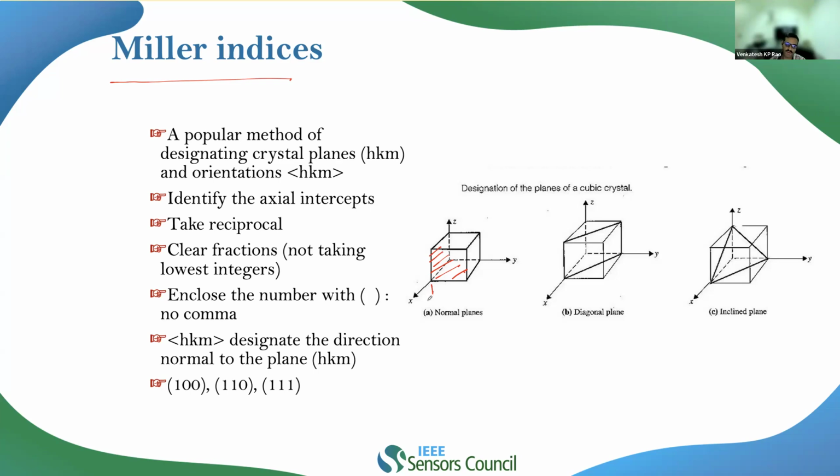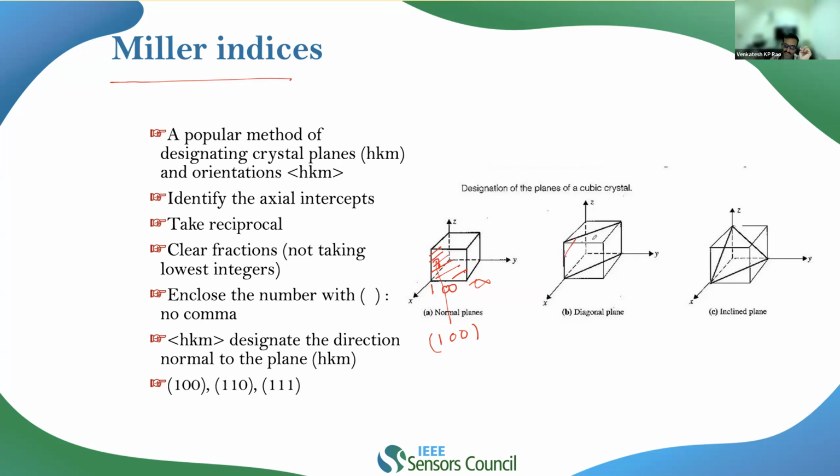So the intercepts are 1, infinity, infinity, and if you take the reciprocal of them, you will get 100. That's how, whenever you take a normal plane under consideration, you get the 100 family of planes.